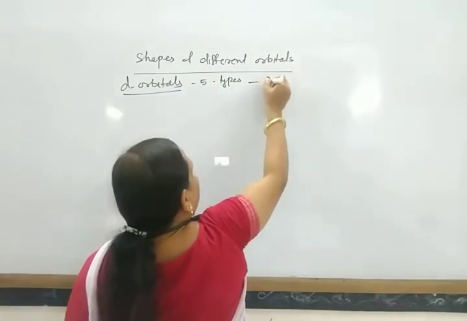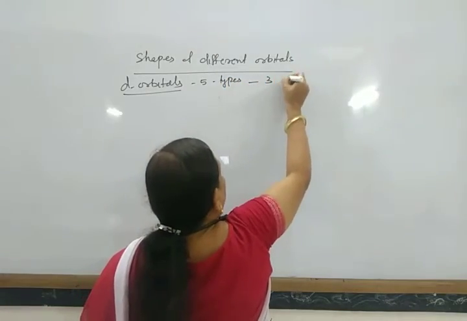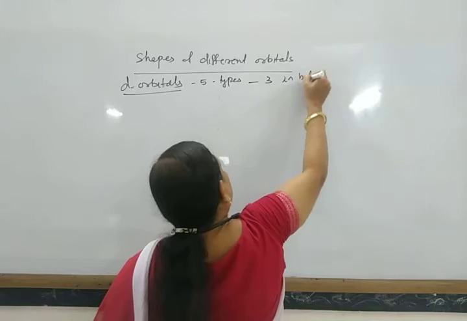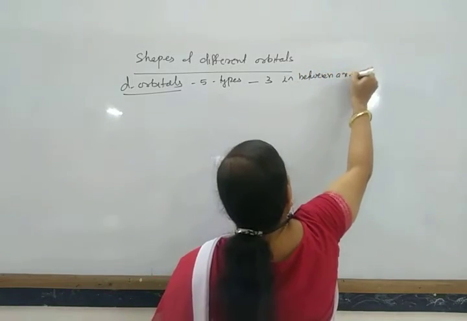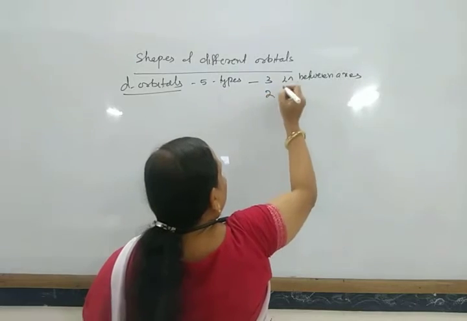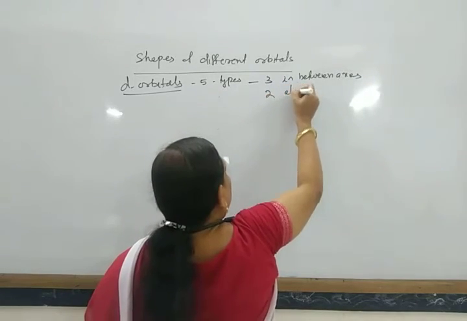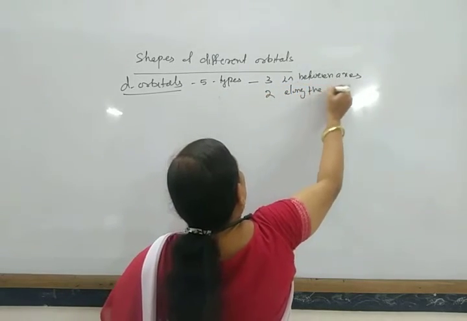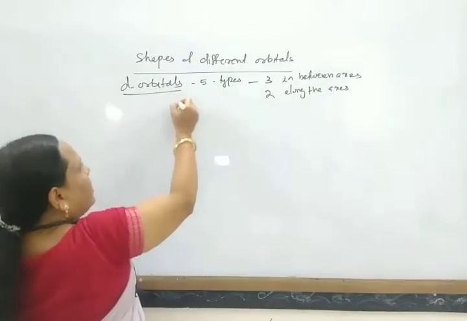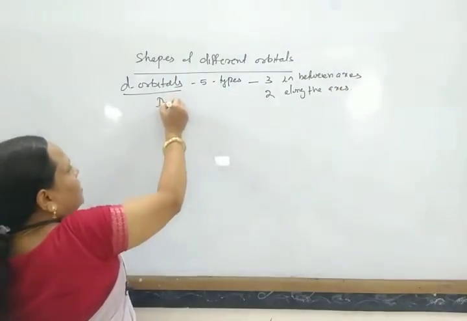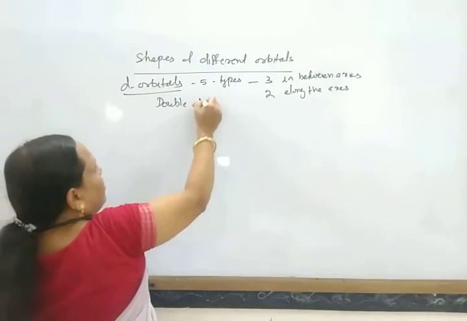Among them, 3 remain in between the axes and 2 orbitals remain along the axes, and these have a double dumbbell shape.